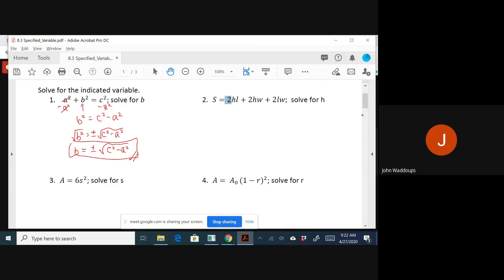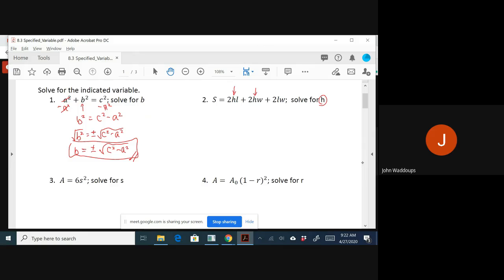And number 2, because we're solving for h, we have to keep in mind that in this case we have h here, and we also have h here, so we have 2 terms that have h in it. So we're going to start by taking away the term that doesn't have h in it, and then we'll go from there.